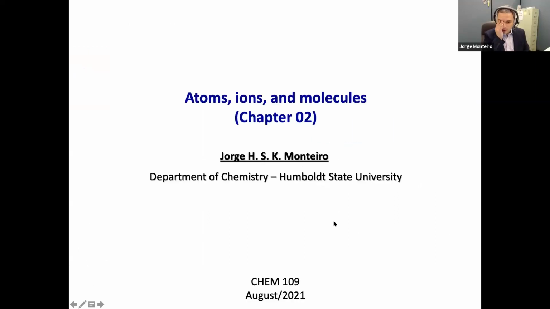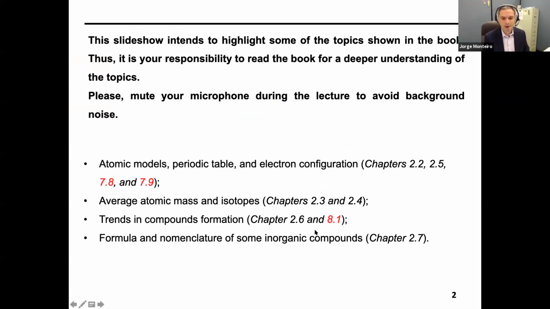Okay, so starting here, chapter number 2. Now we will start covering a little more in depth of chemistry. For chapter number 2, we will start covering atomic models, talk a little bit about the periodic table and electron configuration. Attention here that I'm bringing some topics from chapter number 7.